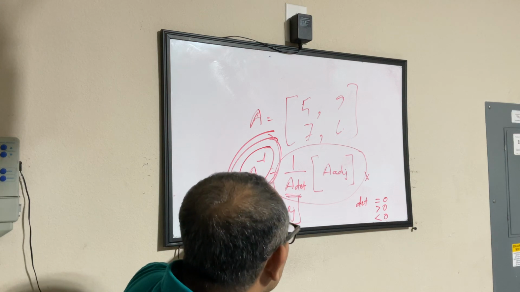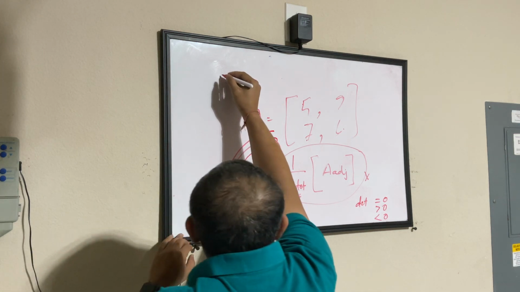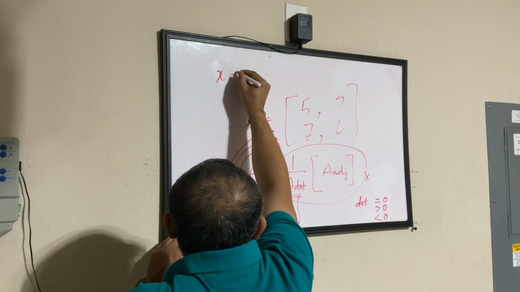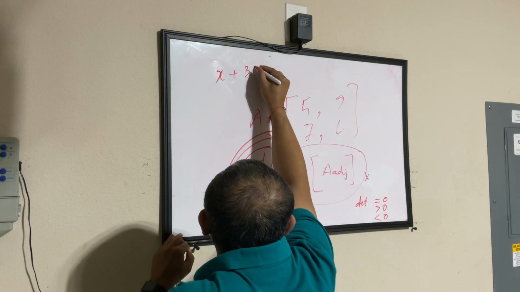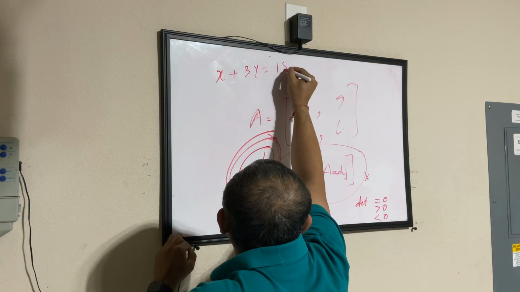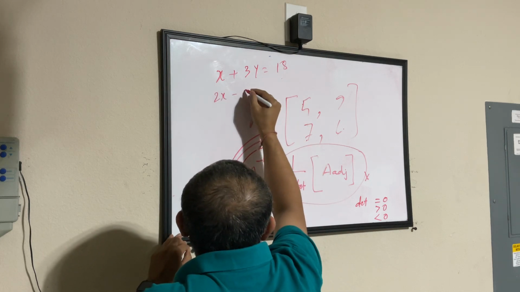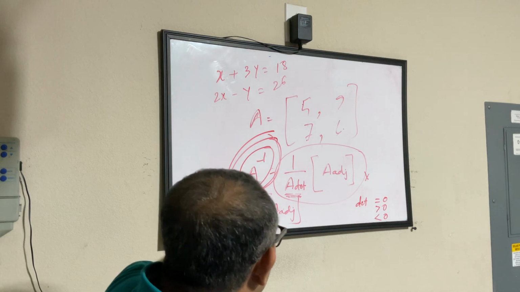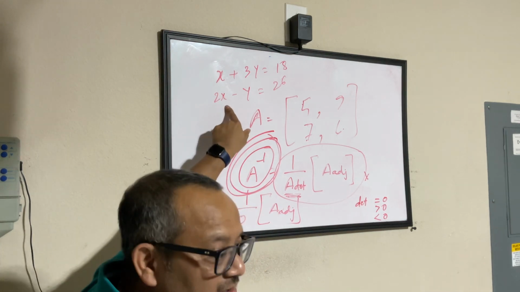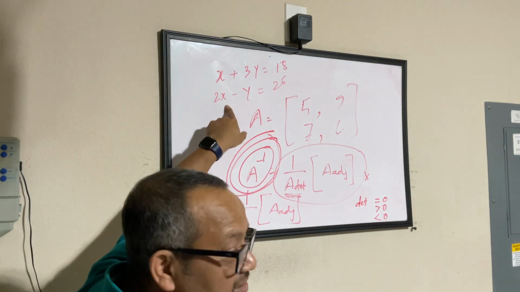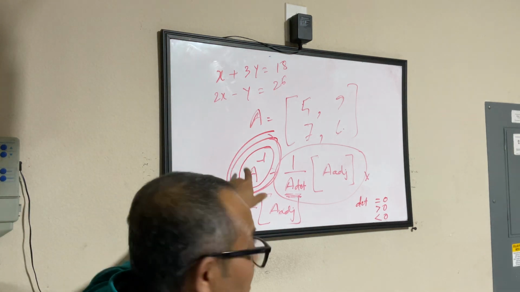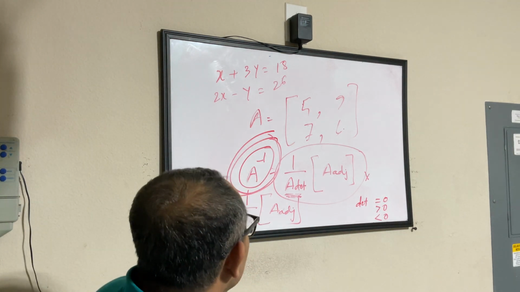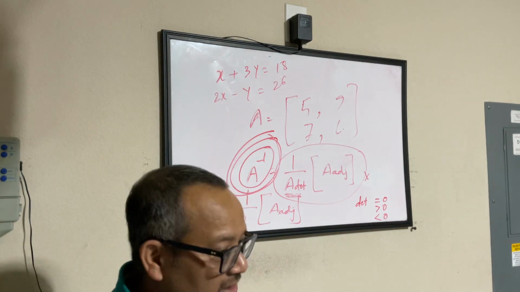The inverse has a role to play when we come to solving a system of equations, when we find a way to solve the system of equations using the inverse.